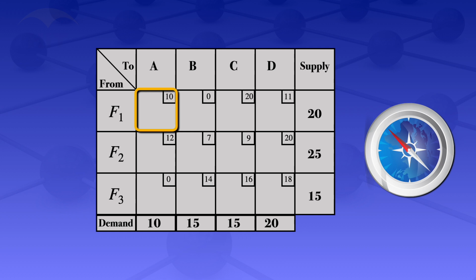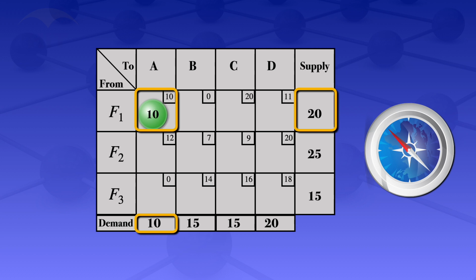To see how much we can allocate, we look at the supply constraint, which is a 20, and the demand constraint, which is a 10. So what we do is we take the minimum of these two values. That minimum there is a 10. So we can allocate 10 units in that cell.